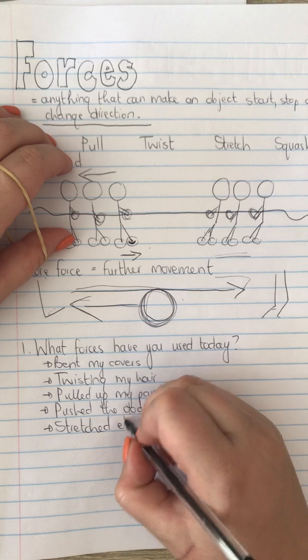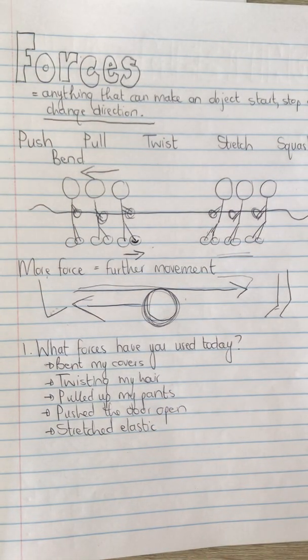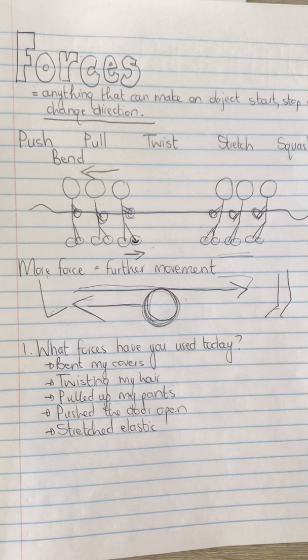Even though it's not elastic, I stretched the elastic to fasten my hair. Hair fastener? What is it called in English? It's a rakkie in Afrikaans, but what is it in English? A hair tie? Is that what you call it? A hair tie? Okay, I stretched my hair tie.